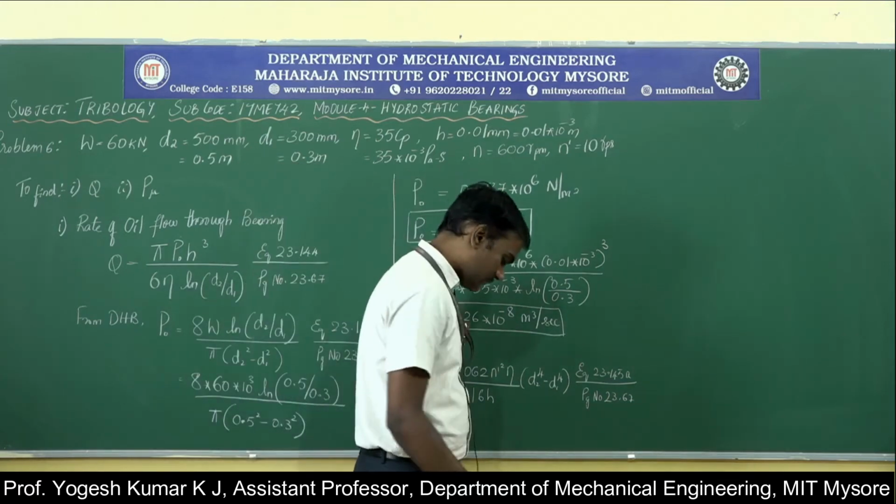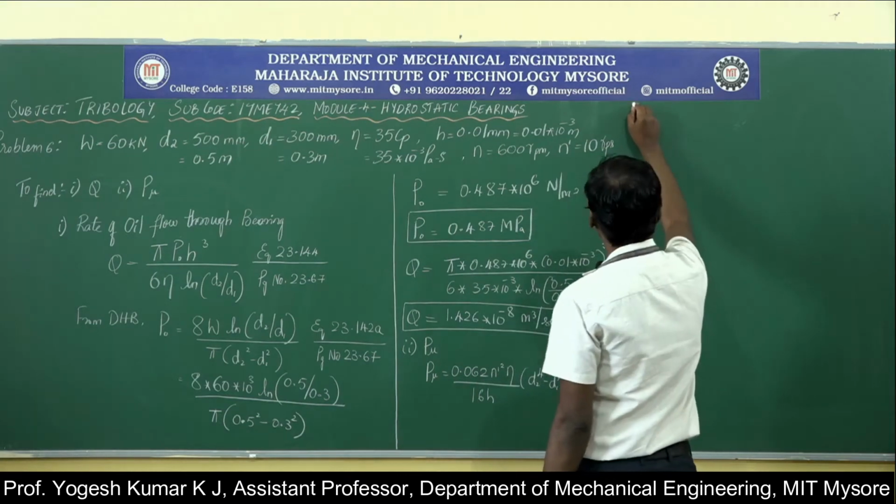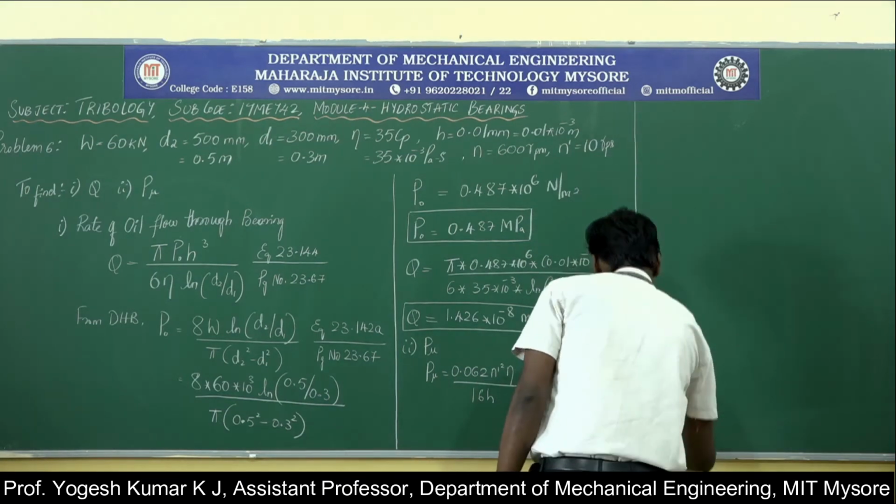So we know n dash square, we know the value of neta, we know the value of h. Shall we calculate now?